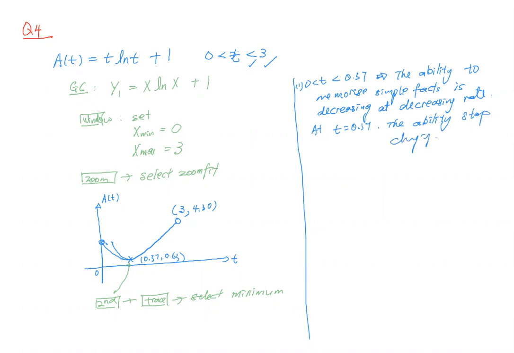So then after 0.37 to 3, the ability is increasing, with what rate? Increasing rate. Yes. So you see, if you just know how the graph looks like, then you will know how to describe it. Then you get the other 2 marks.